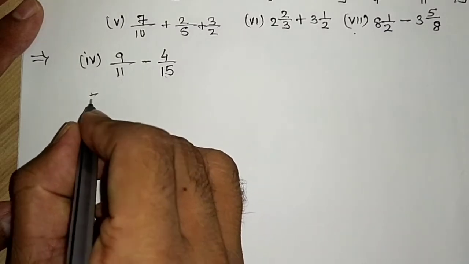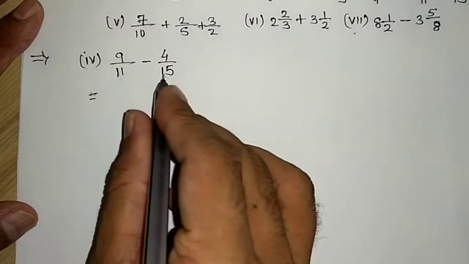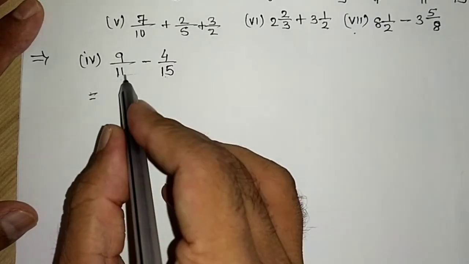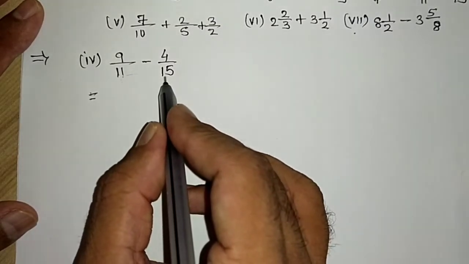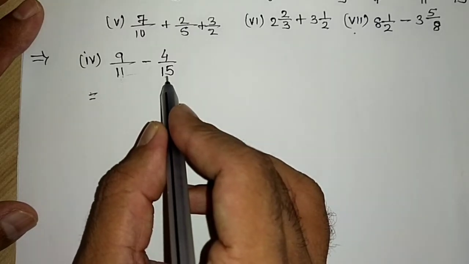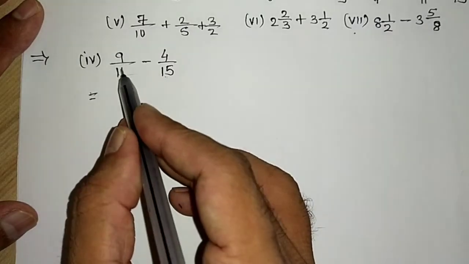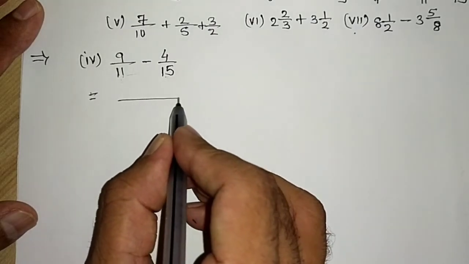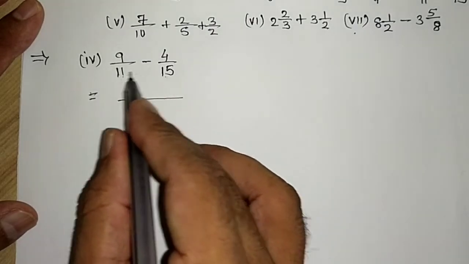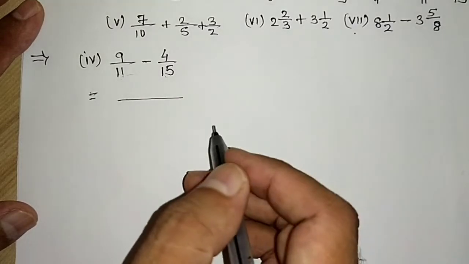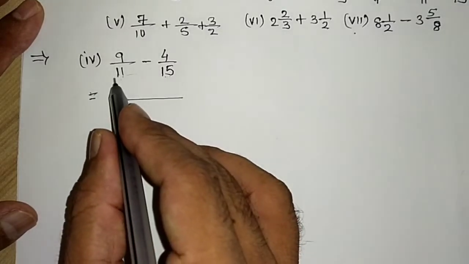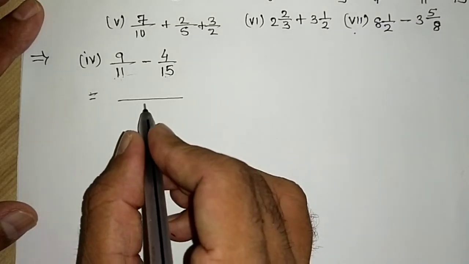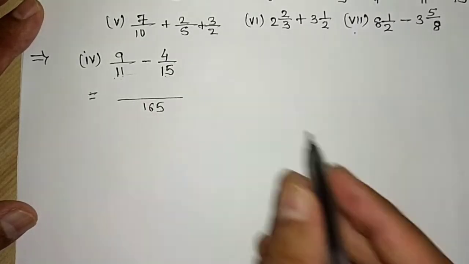You will take the LCM of the denominators of these two fractions, the LCM of 11 and 15, because in 15's table 11 does not come, while in 11's table 15 does not come. So we will simply multiply them, and whatever number comes, that will be our LCM. 15 tens are 150 plus 15 ones are 15. So 150 plus 15 is 165, which will be our LCM.